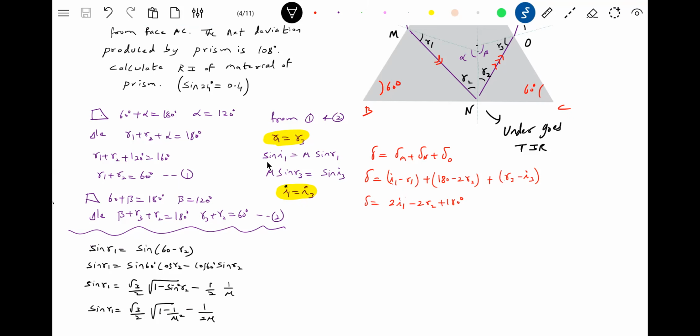But we wanted mu, no? Somewhere we have reached mu. Sine I1, deviation we know. So I1 and R2, somehow I think I should get it. We have information of R1 plus R2, no?